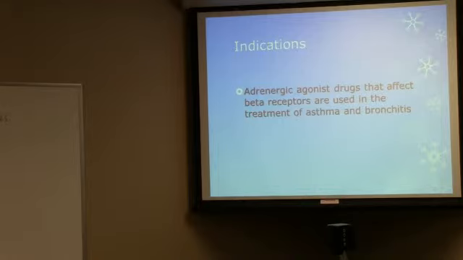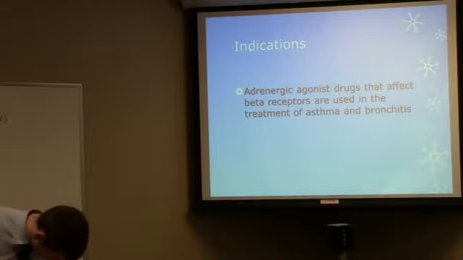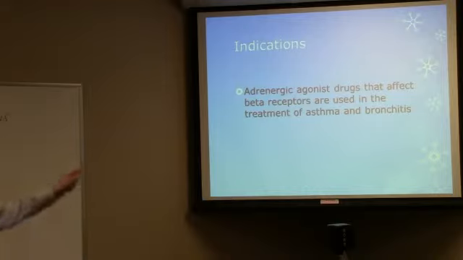Adrenergic receptor drugs that affect the beta receptors are used to treat asthma and bronchitis, and these are going to be bronchial dilators. You may want to put beta 2 here.